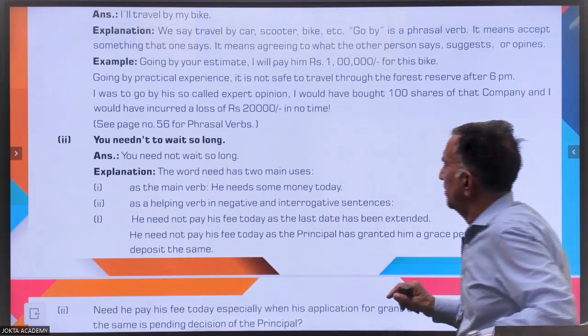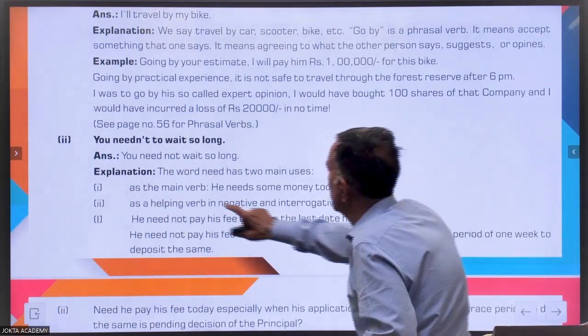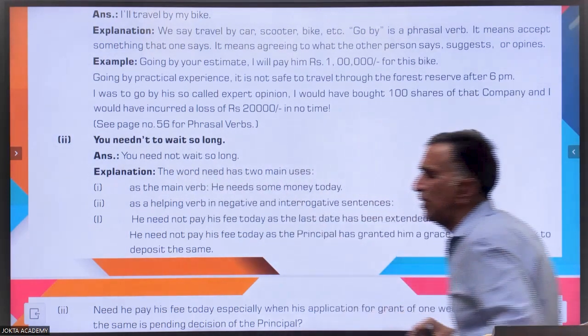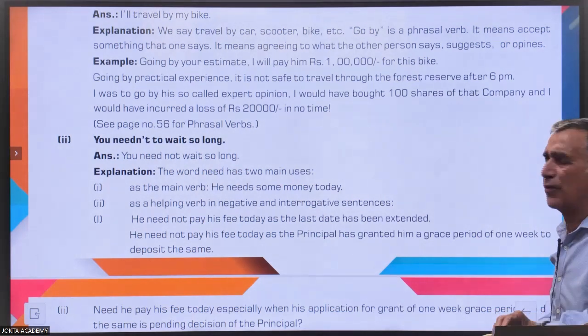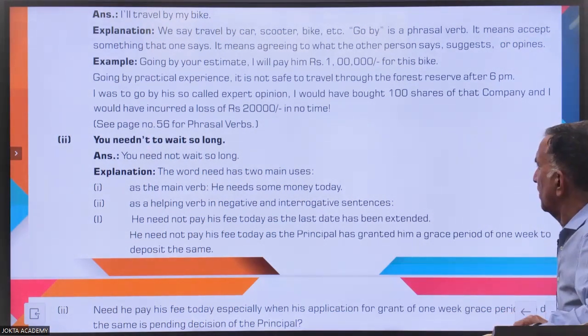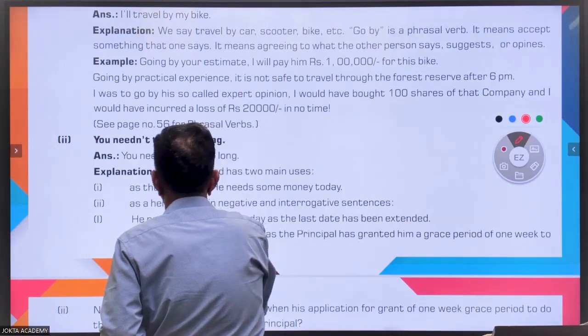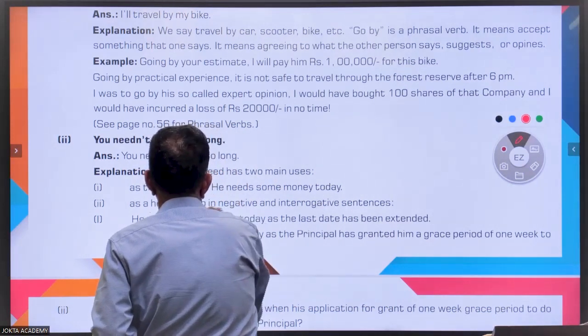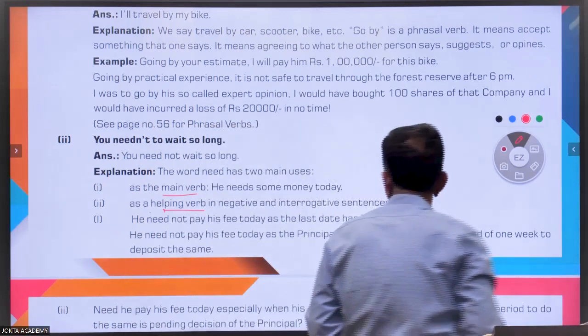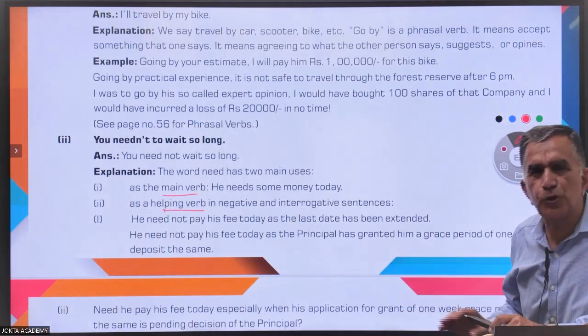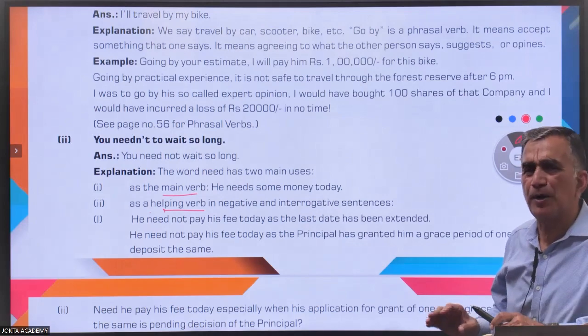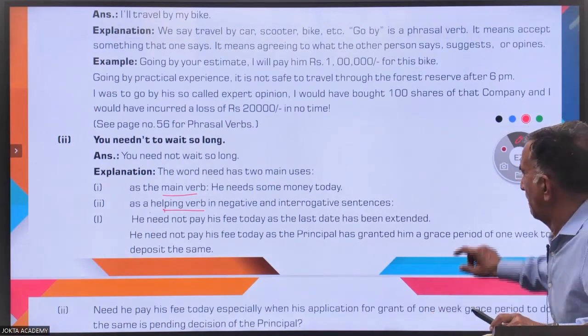So, the correct one is, you need not wait so long. We should know the use of need as the main verb as well as the helping verb.